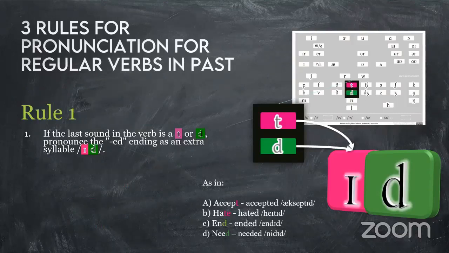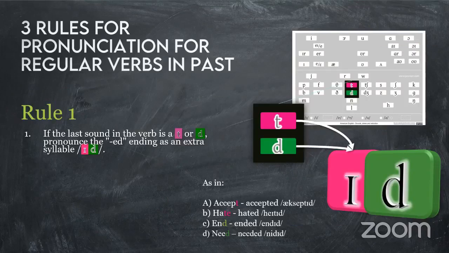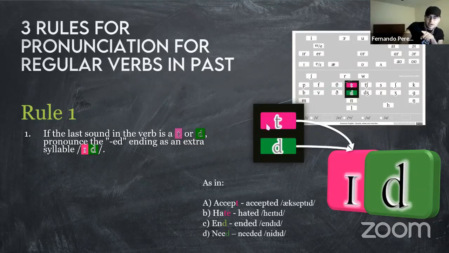If the last sound in the verb is t or d, pronounce the ed ending as an extra syllable. This is the condition. If the last sound is a T or a D. For example, accept. Accept ends in T. Then the past is accepted.